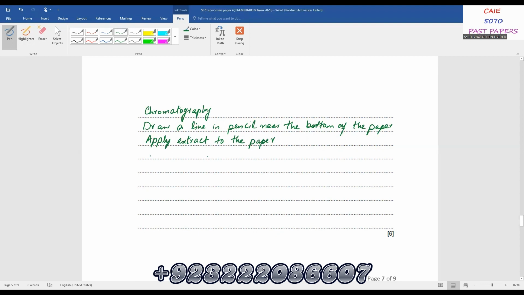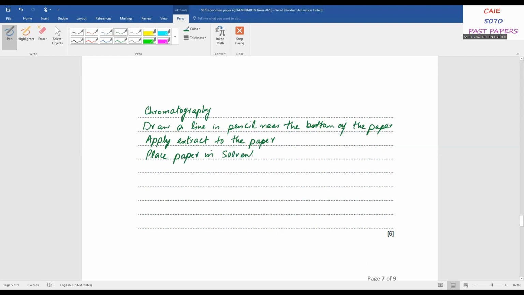Place this paper in solvent. Then allow the solvent to travel up the paper. Then mark the solvent front.